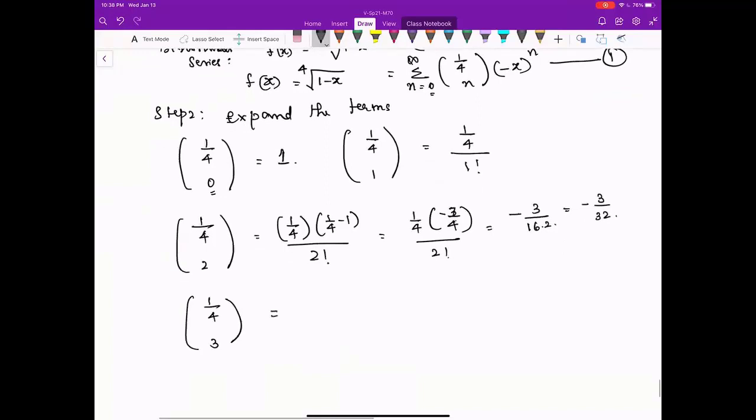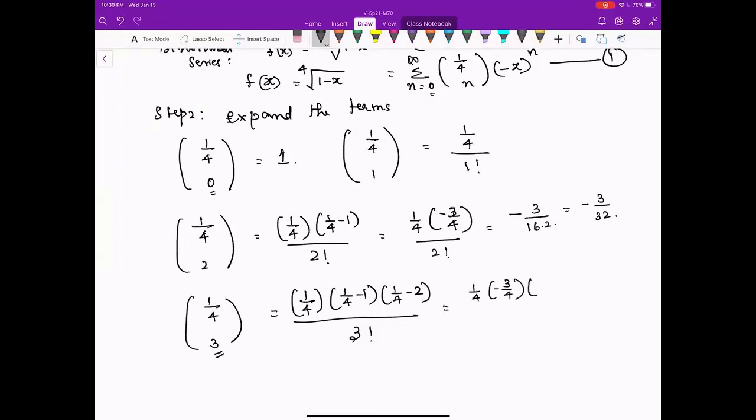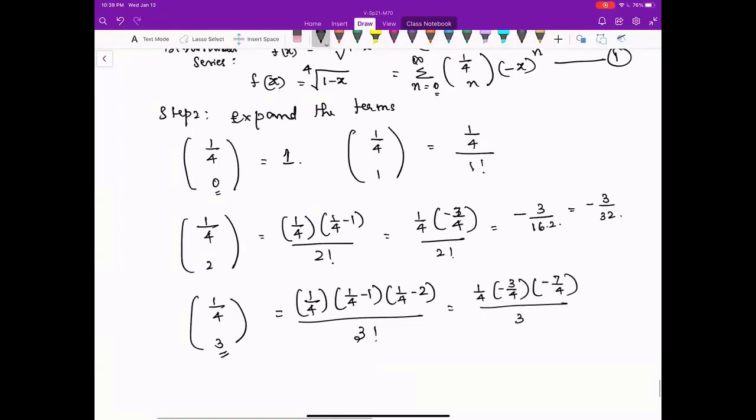If you have to do 3 chosen out of 1/4, start at 1/4 and start reducing one at a time. But how many factors should you have on top? As many factors as you see here. So here 3, then don't forget the 3 factorial. If you reduce this, it's 1/4 times negative 3/4 times negative 7/4 divided by factorial 3.